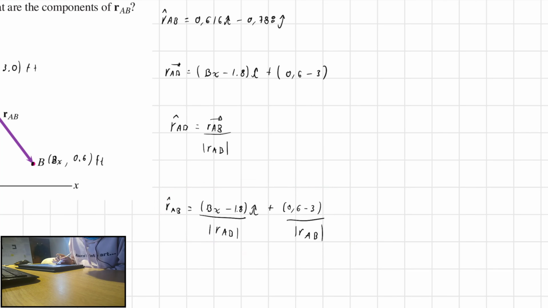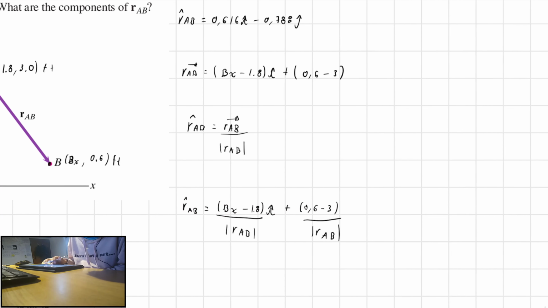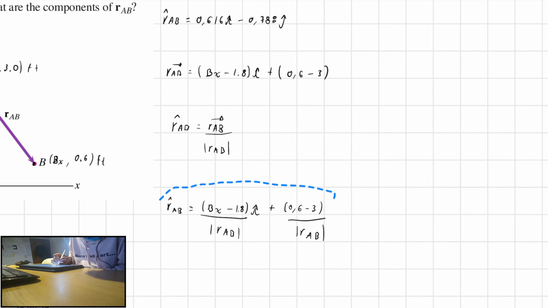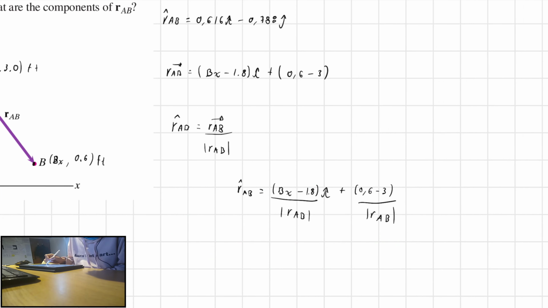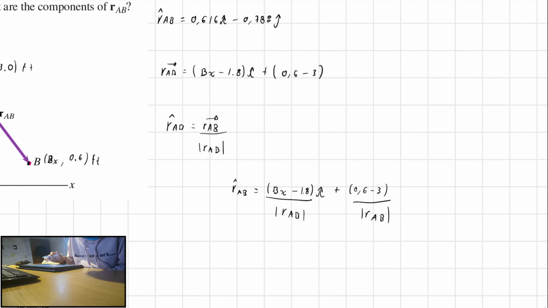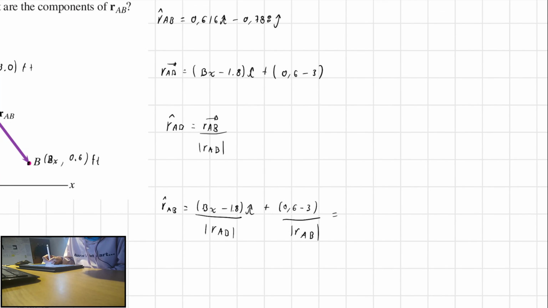Right here you have this, which is the vector, and this, which is the magnitude. And right here I have the unit vector, so I can say that this is also equal to 0.616 minus 0.788, right?